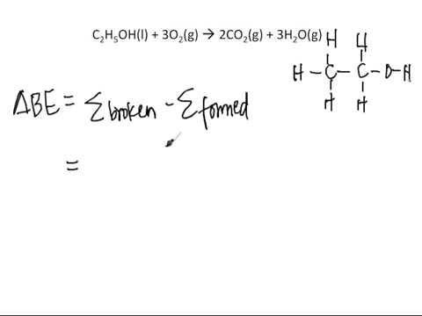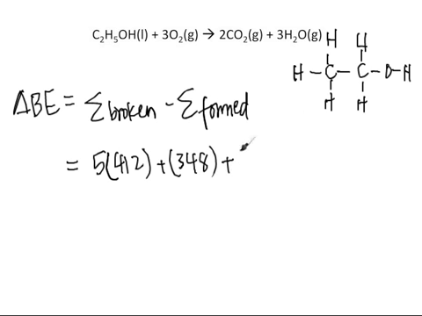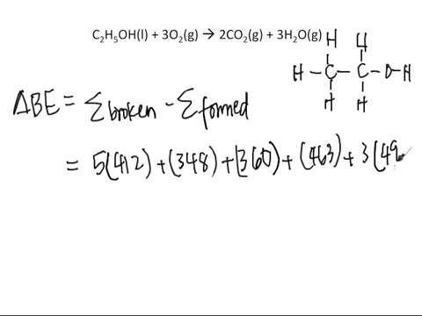So we're going to be breaking 5 C-H bonds, 1, 2, 3, 4, 5, 1 C-C bond right here, 1 C-O bond, 1 O-H bond, and 3 O double bonds to an O. And then we're going to subtract 4 because there are going to be 4 C double bond to an O bonds being formed.